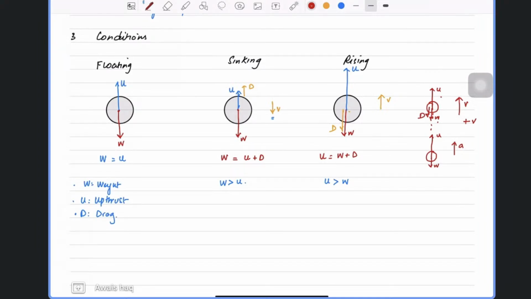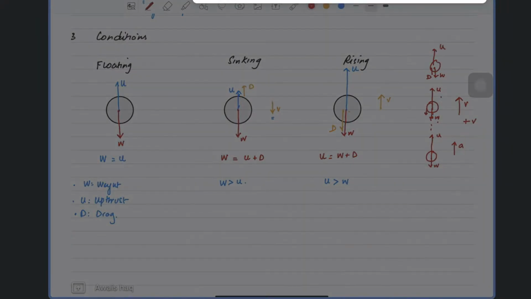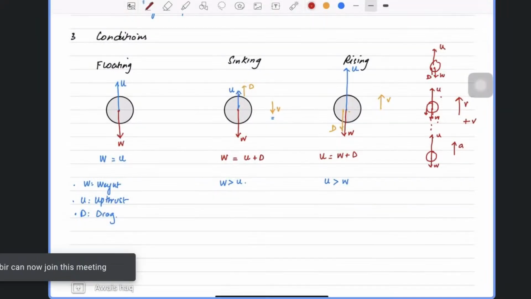It's just like falling in air. When you fall, drag increases slowly until it is equal to the weight. So what's happening here is that slowly the drag is increasing every single time, and then there is one point where the downward forces become equal to the upward force, and that is when we say it has reached equilibrium and is now moving with constant velocity.